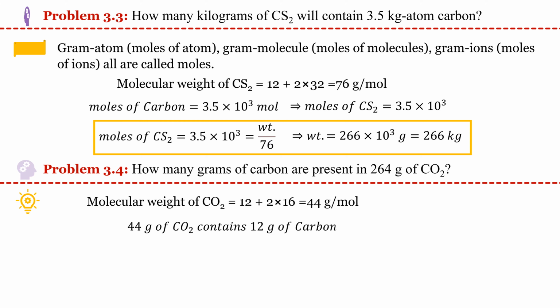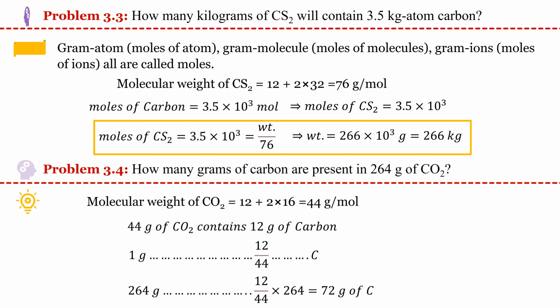So 44 gram of CO2 contains 12 gram of carbon, 1 gram of CO2 will contain 12 divided by 44 gram of carbon, and 264 gram of CO2 will contain 12 divided by 44 into 264, and it will come out as 72 gram of carbon.